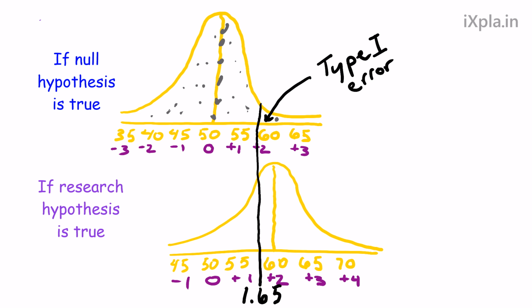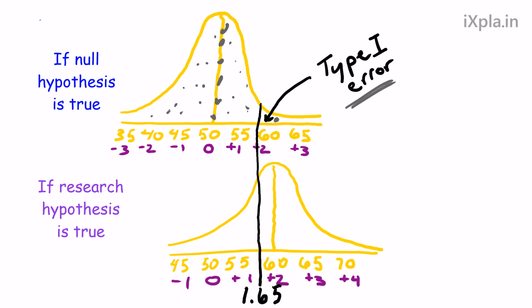So I, as a researcher, am going to say, oh, I got something way out here. That's very unlikely to have occurred due to chance. So I'm going to say that the null is not true. I'm going to reject the null. And if I got this answer out here just due to dumb luck, that's going to be called a type 1 error.